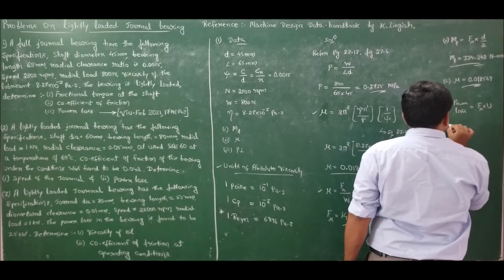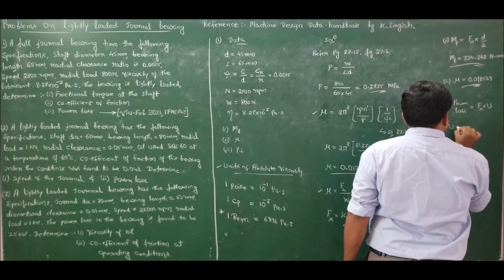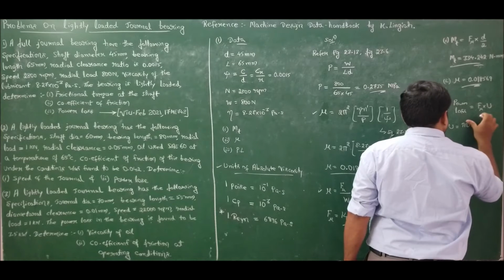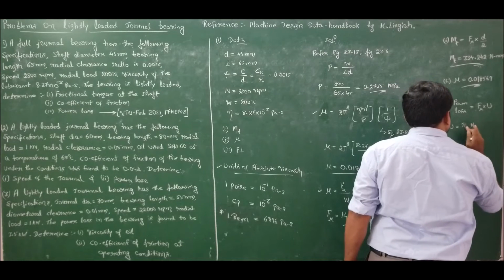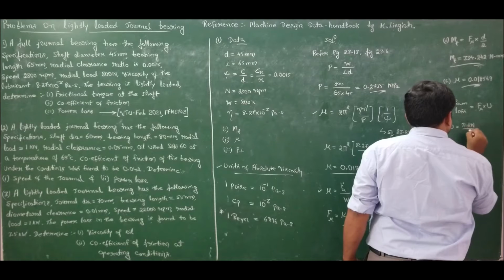Now how much is velocity? Velocity is pi dn by 60,000. This you people already know.